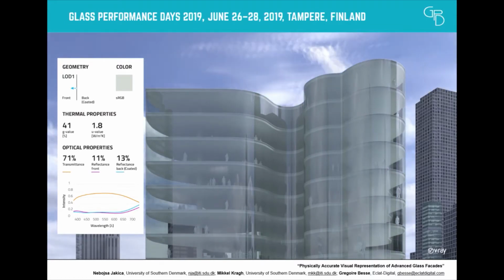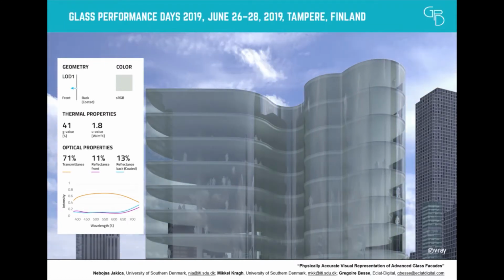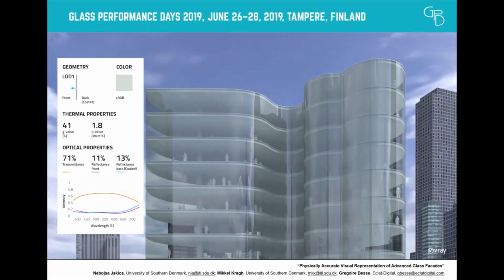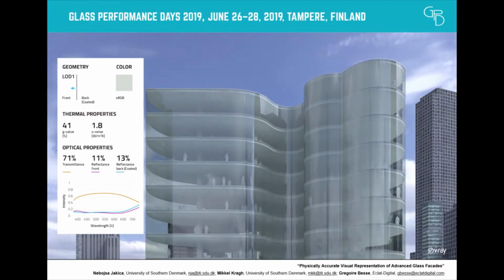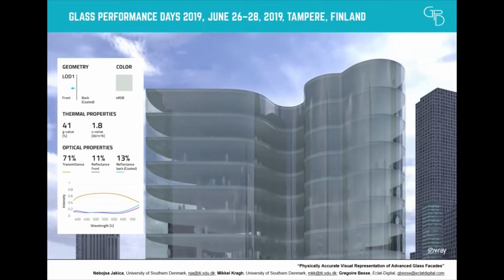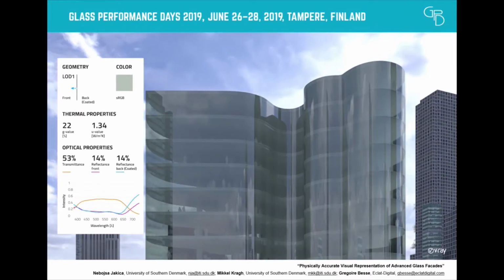So as you can see, this is the same glass, and the differences in color can be seen from left to right, also with a changing environment and dynamic behavior of these reflections.